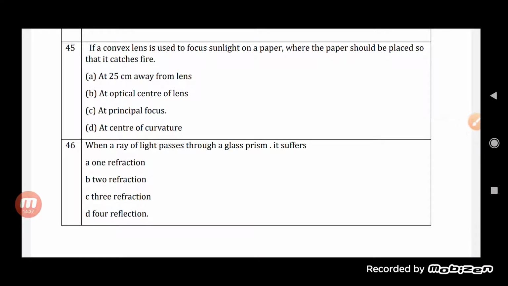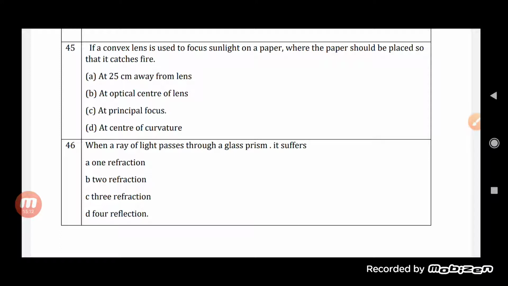Now here, if a convex lens is used to focus sunlight on a paper, where should the paper be placed so that it catches fire? So obviously, a convex lens is one in which the light converges at a point.